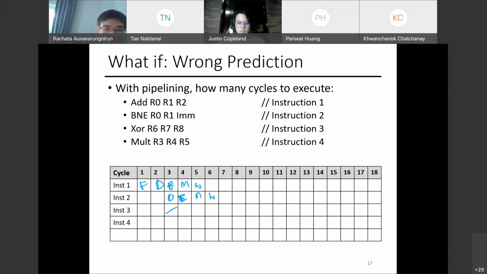Then you get rid of this, right? You fetch again, decode, execute, memory, and write back. Basically you kind of double fetch, which is you squash, you throw away the old instruction and fetch a new one.